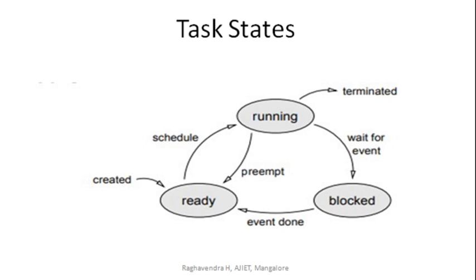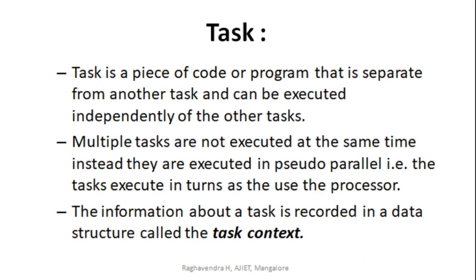As I explained in the previous slide, if multiple tasks have to execute, it is like 10 people reading one book. If there are 10 pages, one page will be read by one person. That is the way tasks execute.